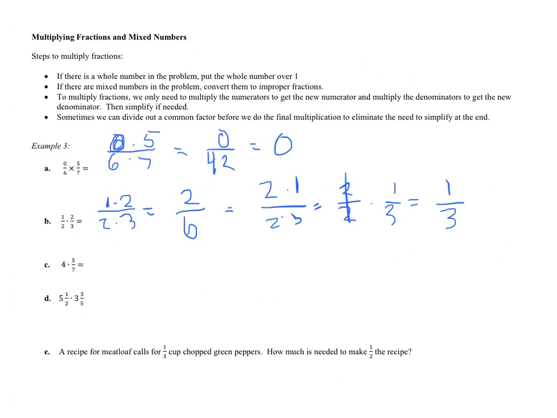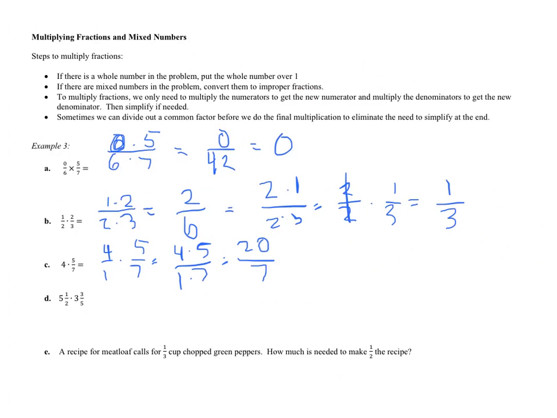Okay. Example C, 4 times 5/7. We first notice that the 4 is a whole number, so we can write that over 1 times 5/7. And now we go through our multiplying steps. 4 times 5 gives the new numerator, 20, and 1 times 7 gives the new denominator, 7.